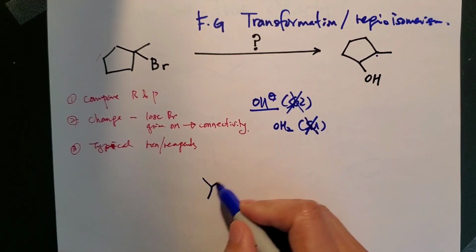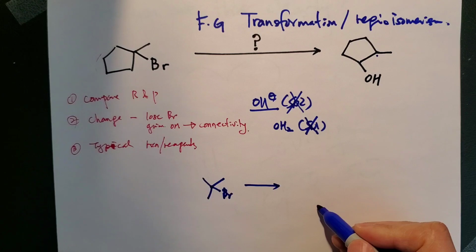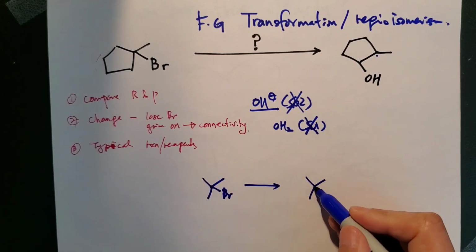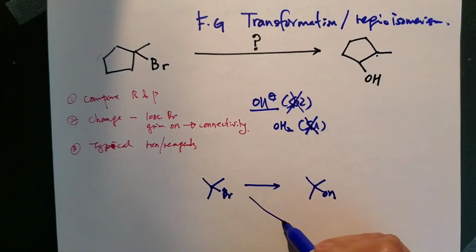I hope you remember. If you have a Br, yes, you can form OH here easily, like we discussed earlier, but it's not easy to do this.